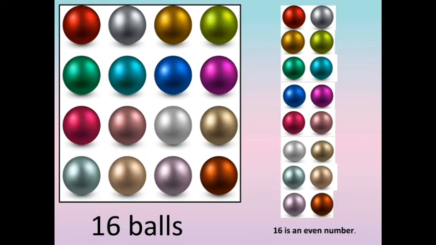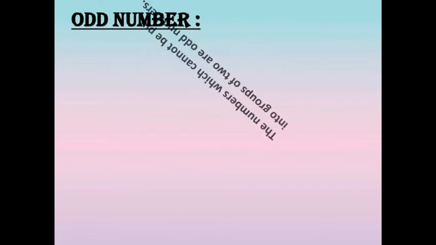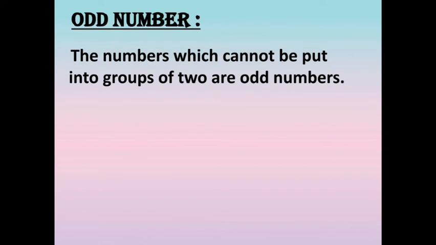Now the next topic is odd numbers. What is an odd number? The number which cannot be put into groups of 2 is an odd number. Now for example, if we are taking any number, we have to place them in pairs.